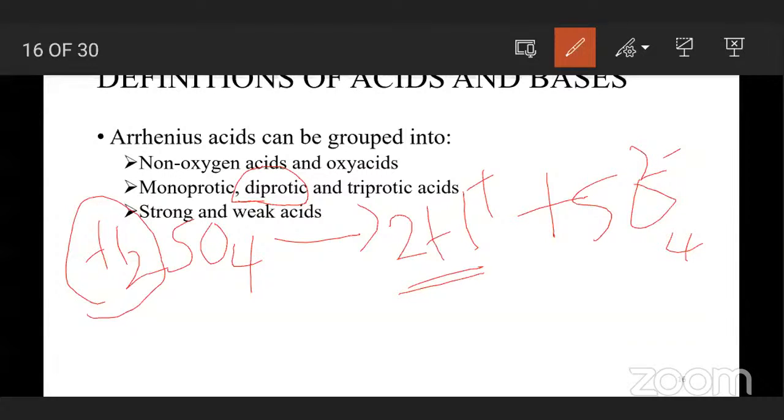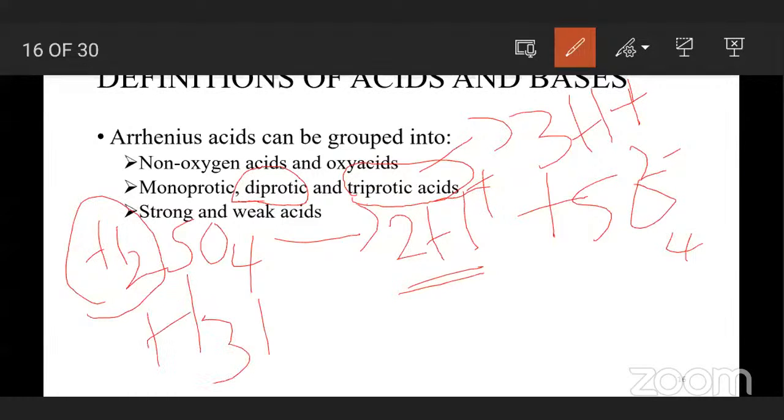Then we can have what we call a triprotic acid. A triprotic acid, just as the name implies, has three ionizable hydrogen ions, and when ionized in solution, it releases all three. They may not be so common, but an example is H3PO4. You can call it phosphoric acid or tetraoxophosphate(V) acid.